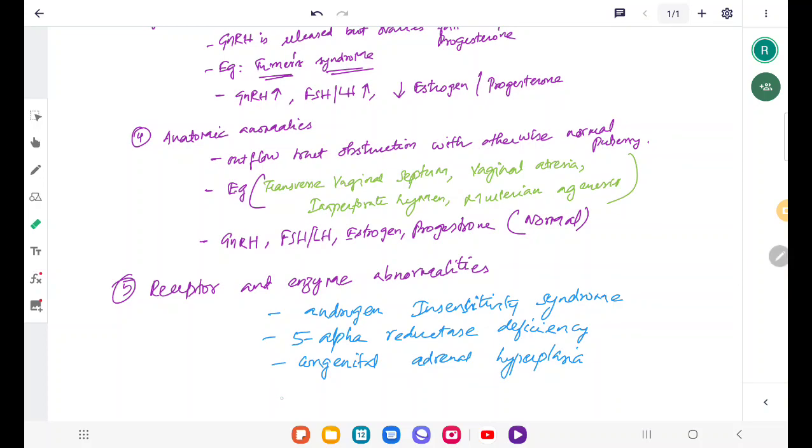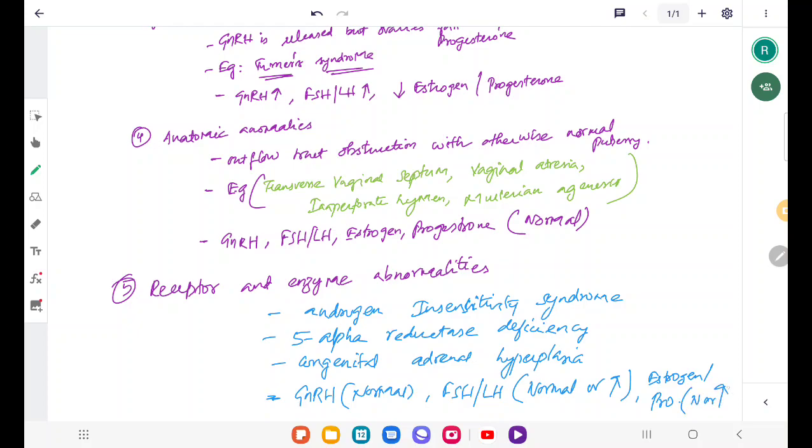As a result, the gonadotrophin releasing hormone is secreted within normal limits, but the follicle stimulating hormone and luteinizing hormone are either normal or high, and the estrogen and progesterone are also normal or high. So these are the etiologies of primary amenorrhea.